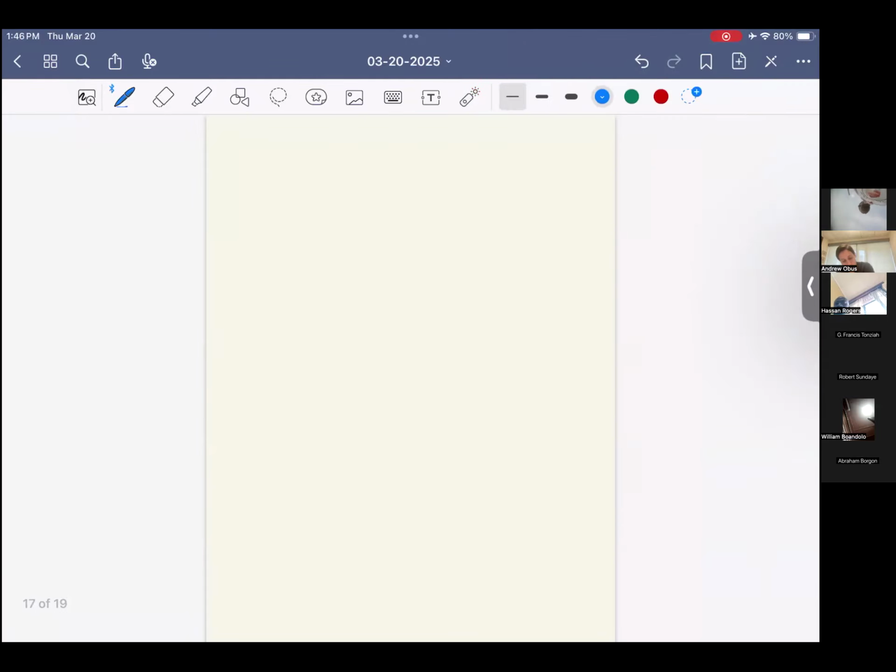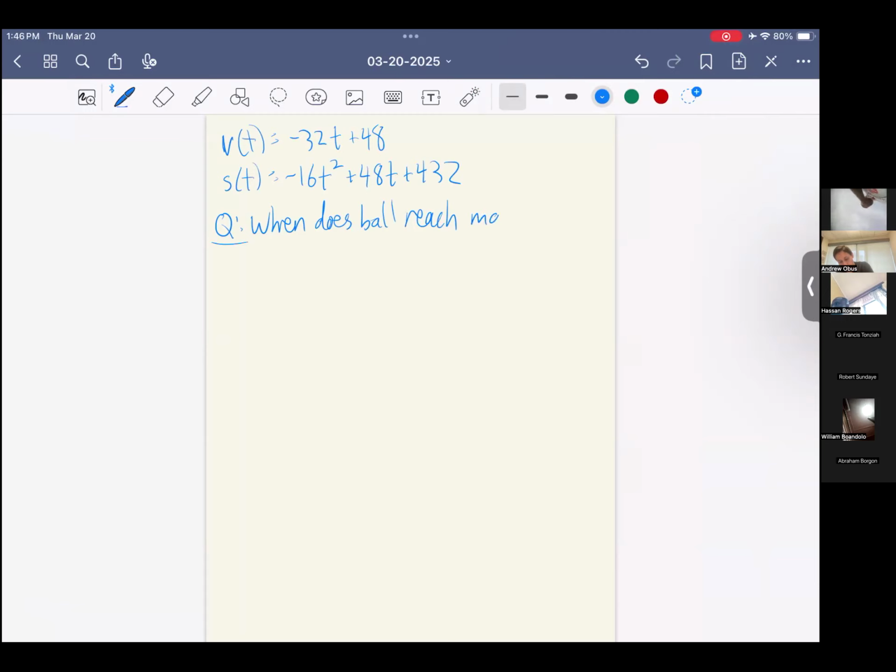Recall v of t is equal to negative 32t plus 48, and S of t is equal to negative 16t squared plus 48t plus 432. And the questions are, when does the ball reach maximum height? And when does it hit the ground?